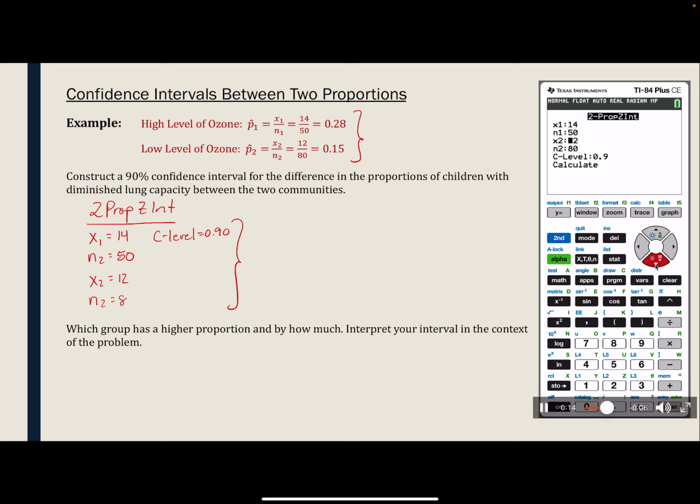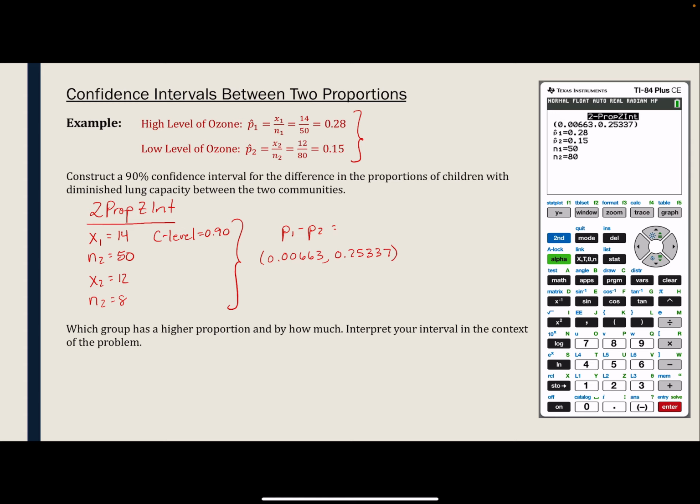And we will get an interval of 0.00663 to 0.25337. So I want you to remember that this represents the difference from P1 minus P2. And again, because it's a positive value, this means that P1 is greater than P2.